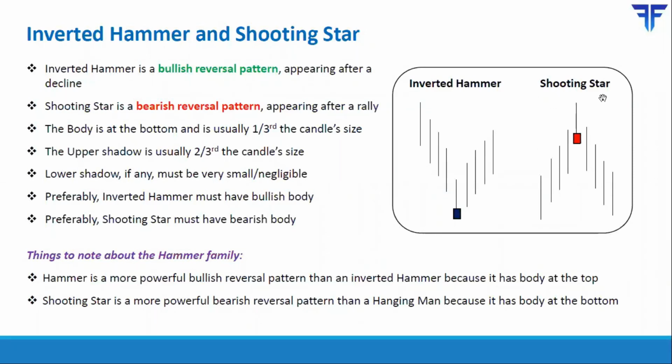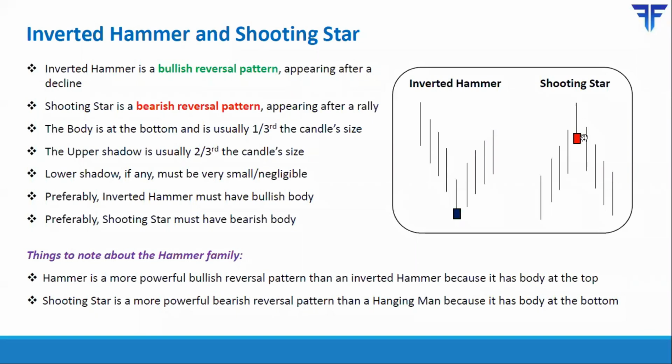The fourth pattern is the shooting star, which is again a bearish reversal pattern that appears after an uptrend. A shooting star also has a real body that's situated at the bottom end of the trading range, and that real body is approximately one third the size of the entire candle, while the upper shadow is roughly two-thirds the size of the entire candle.